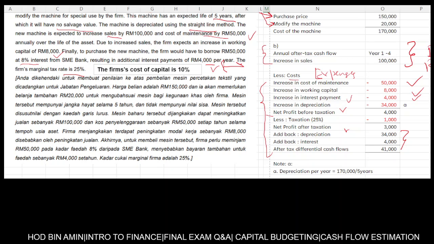To calculate the net present value, the interest is slightly the same as the firm's cost of capital. Then we have to exclude it, or add back the interest 4,000. Then you get the after-tax figure. You have to total it: 3,000 plus 34,000 plus 4,000 and get 40,000. This is for year 1 to year 5.